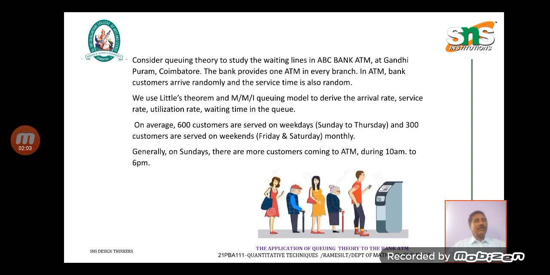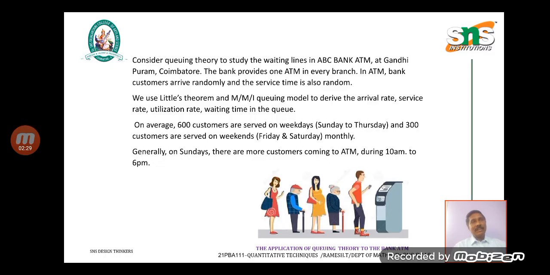Okay, now we are going into the process. First, we analyze the queuing system. Consider queuing theory to study the waiting lines at an ABC Bank ATM at Gandhipuram, Coimbatore. The bank provides one ATM in every branch. At the ATM, customers arrive randomly and the service time is also random.